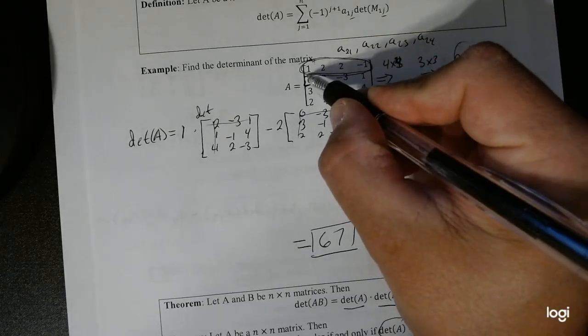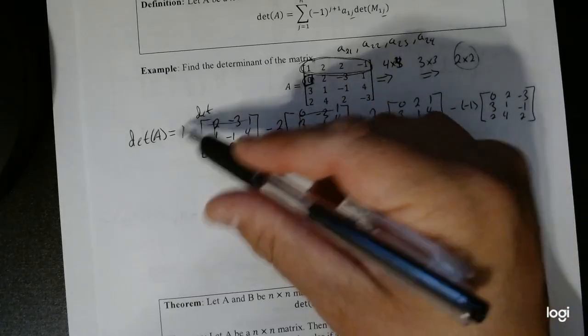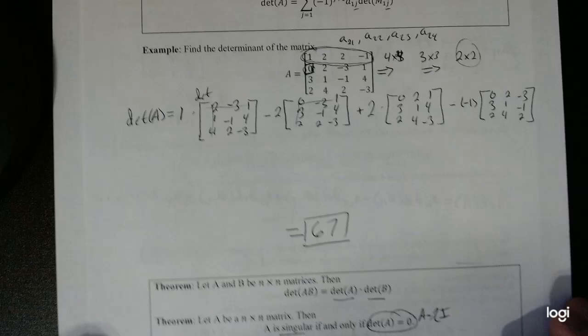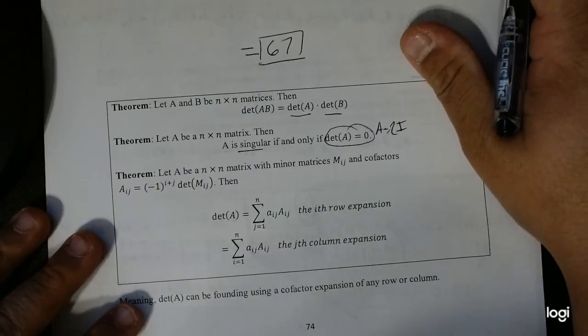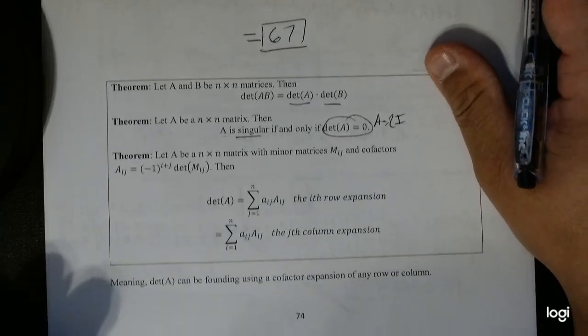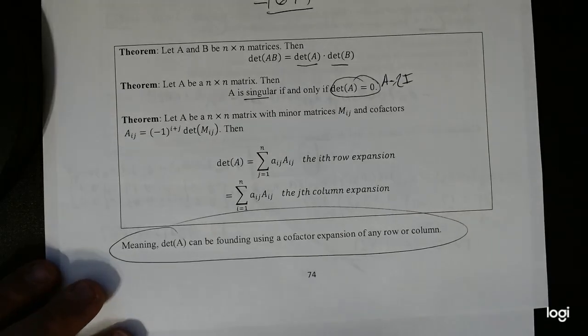And because it's 0 here, that entire minor matrix determinant ends up being 0 as well, which means I have less work to do at that point. That's why this is really nice, because a lot of times it's a lot easier to do stuff this way. And again, that's what I say here.